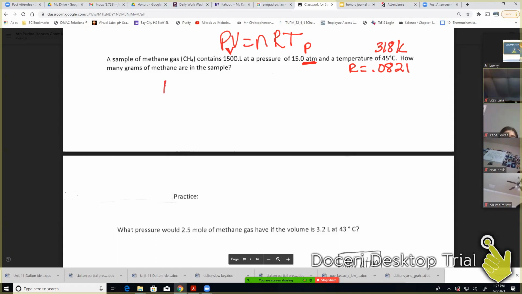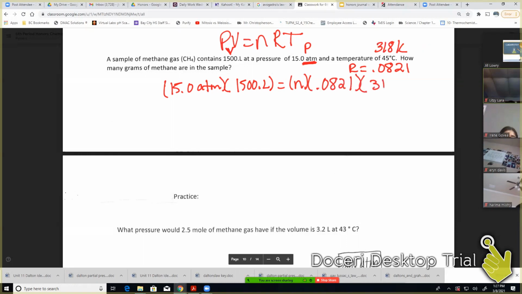So now I can start filling everything in. My pressure is 15 atmospheres. My volume is 1,500 liters, is equal to N, that's my unknown, times my R, because I'm dealing in atmospheres, 0.0821.